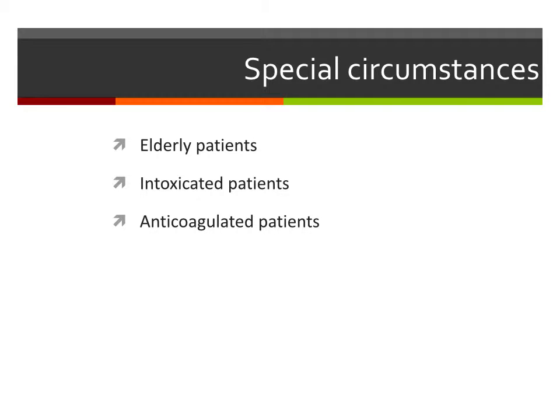There are some special circumstances where you might need to modify your assessment, and these special circumstances include elderly patients, intoxicated patients, and patients who are anticoagulated. Elderly patients can be difficult to assess for head injury. Firstly, they may not complain of sustaining a head injury after a collapse or a fall.